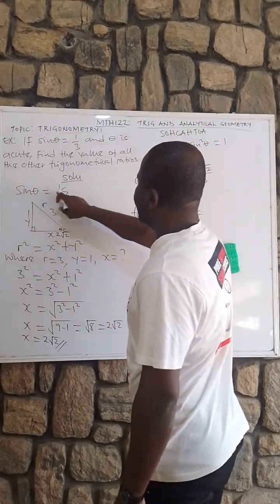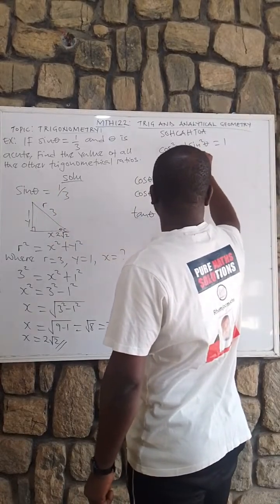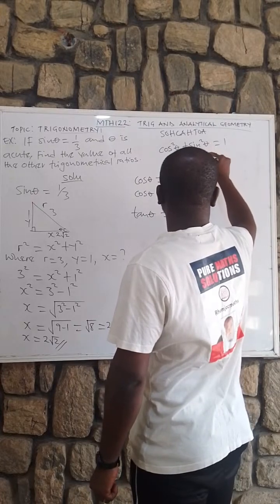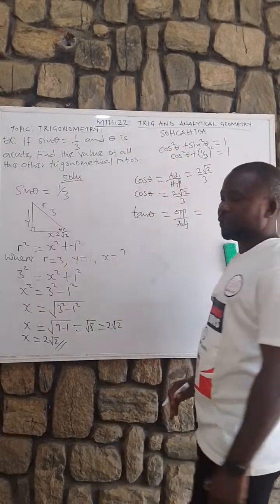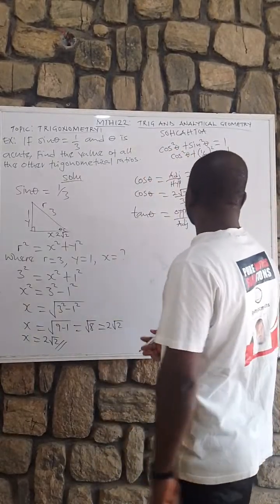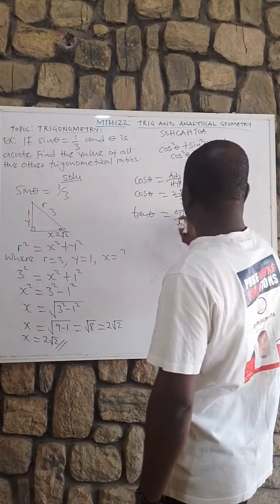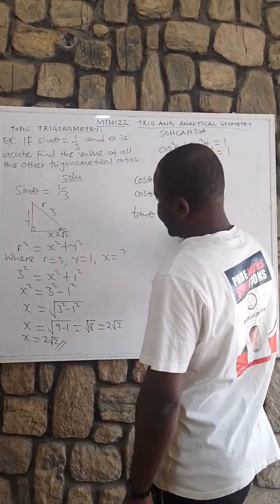Since sin theta is equal to 1 all over 3, then cos squared theta plus (1 all over 3) squared equals 1. If you solve it this way, you still arrive at the same answer.